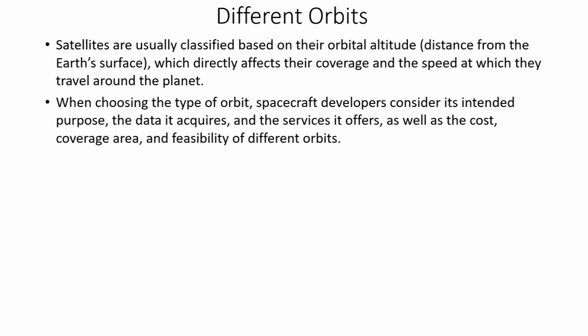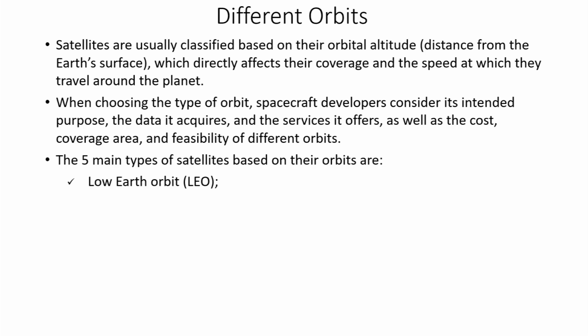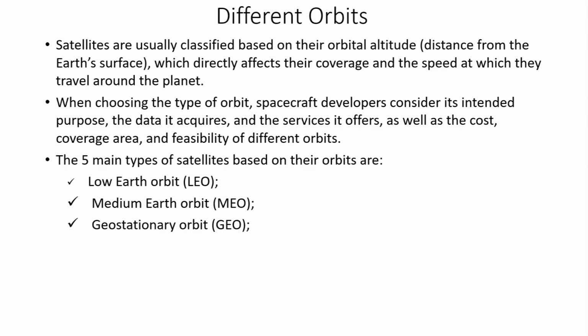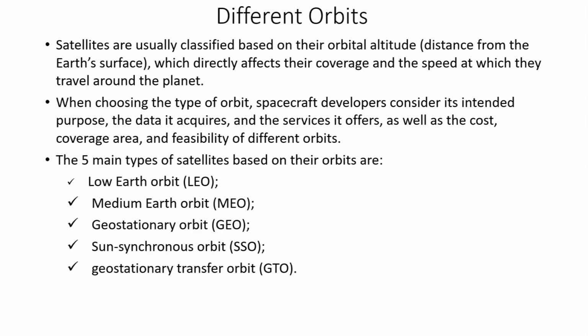We also need to consider the environment and the risks. Based on this, there are basically 5 main types of orbits: low earth orbit, which we already discussed, medium earth orbit, geostationary orbit, sun synchronous orbit and the geostationary transfer orbit. We will discuss each one by one.